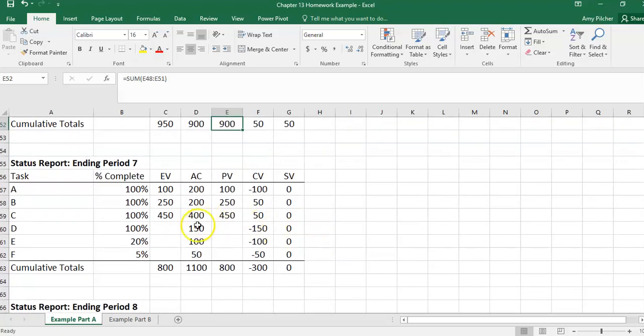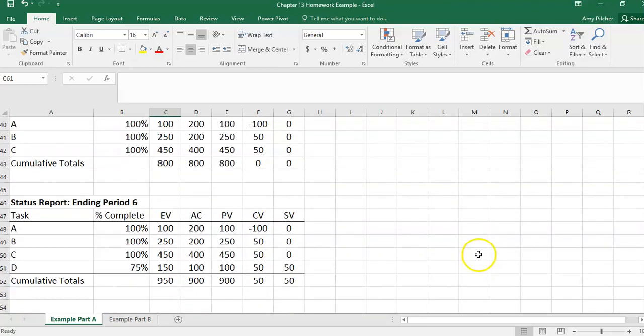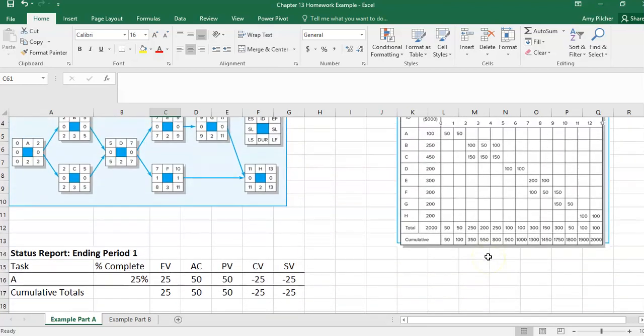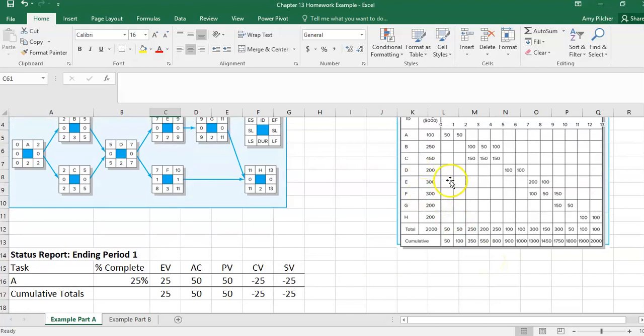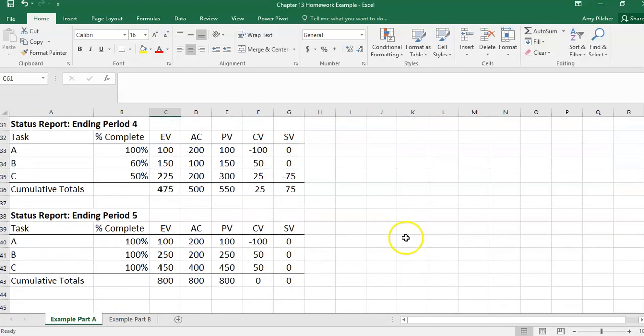At the end of period 7, we're 100% complete with D now, that had 200. And we're 20% into E and 5% into F. So when we look at E and F, we see that E and F both have a total of $300.